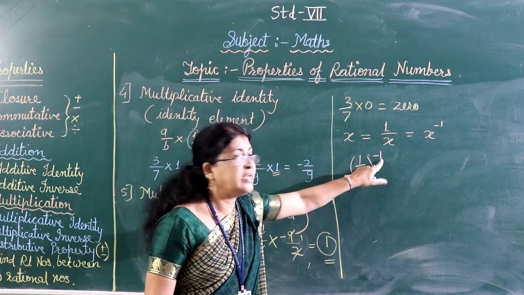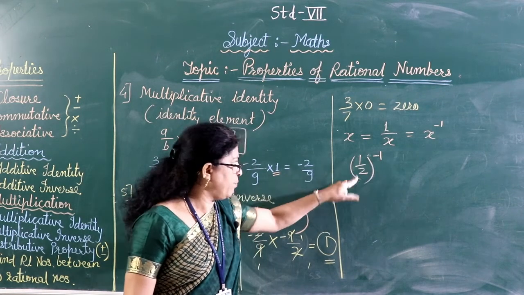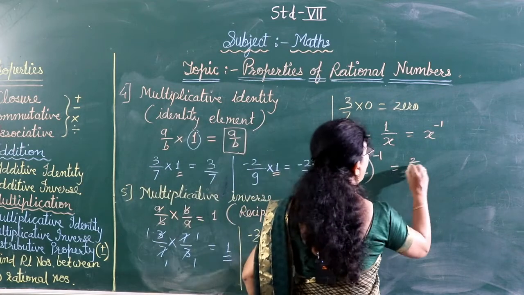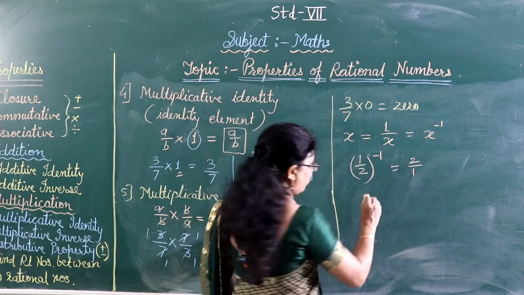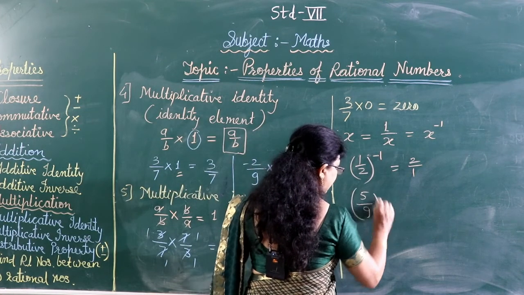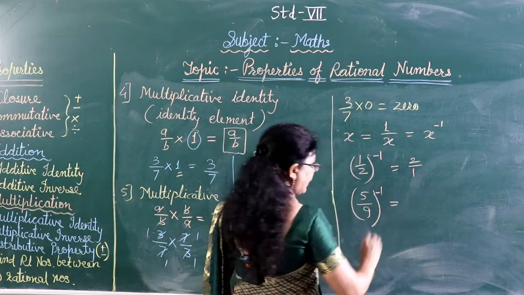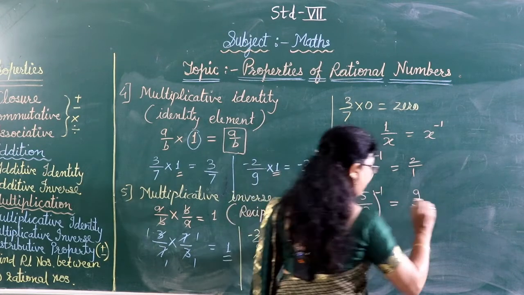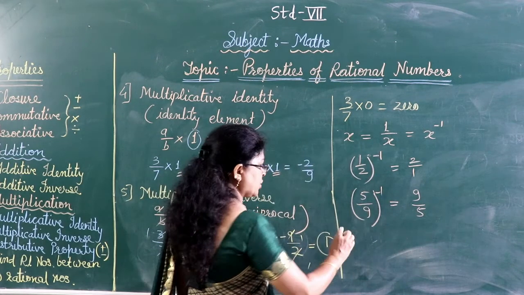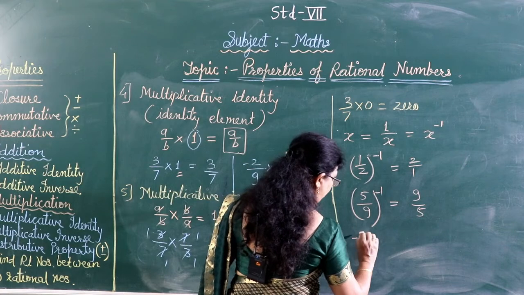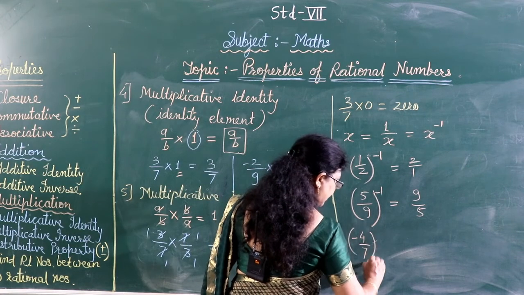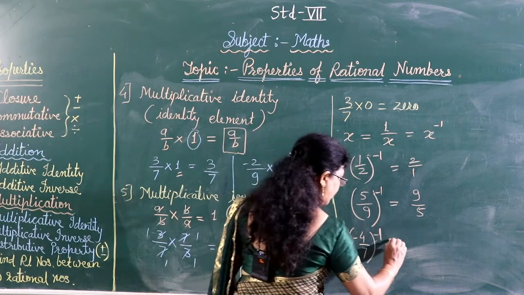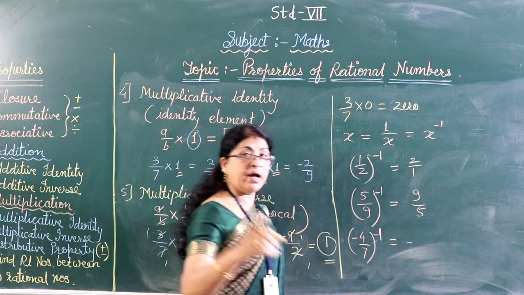This sign indicates inverse. Inverse of 1 upon 2, then you will write 2 upon 1. If I am asking you the inverse of 5 by 9, then you will write 9 upon 5, right? If I ask you what is the inverse of minus 4 by 7, then you will write minus, the sign is not going to change.